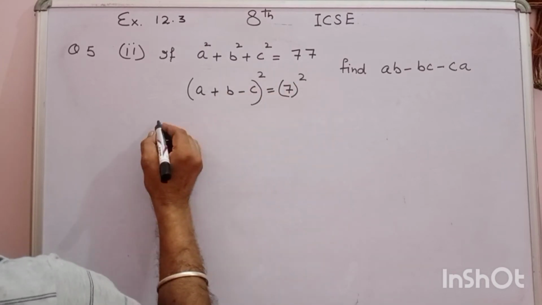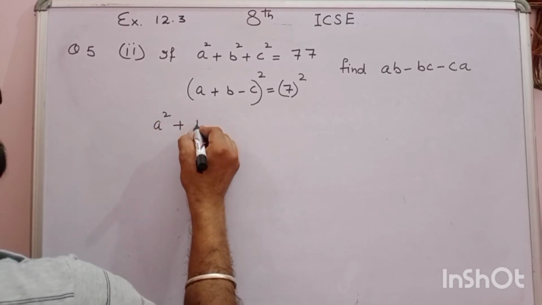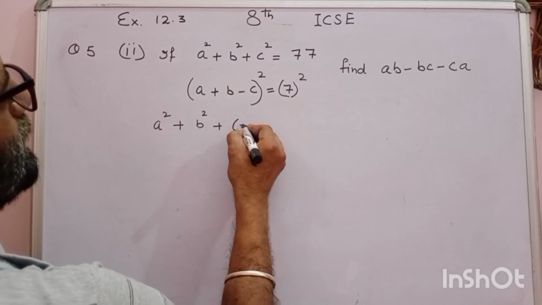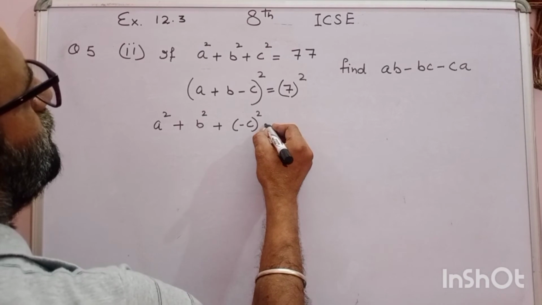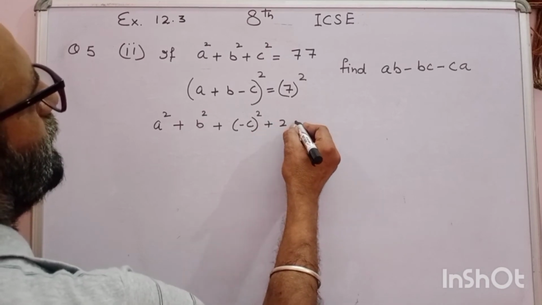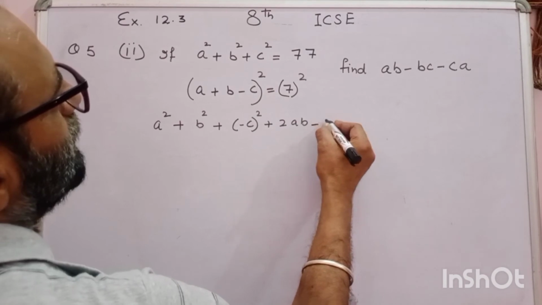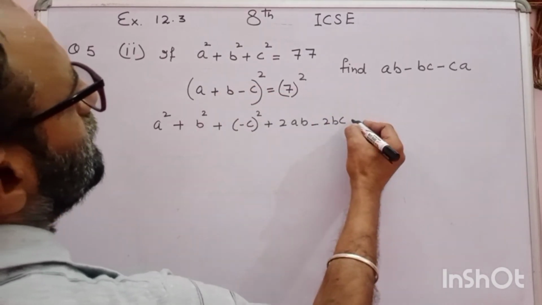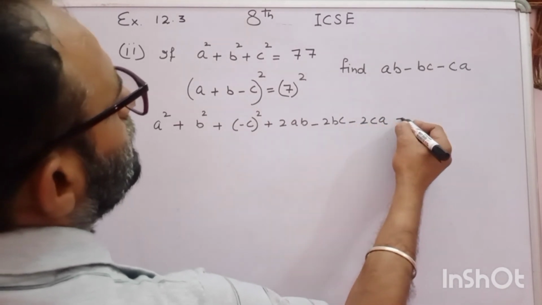When we take the square, it becomes a² + b² + (−c)² + 2ab (both are positive, so it comes positive) + 2bc (one is negative, so it becomes −2bc) + 2ca (c is negative, so again it becomes −2ca) is equal to 49.